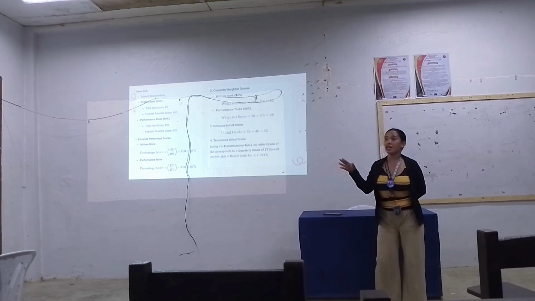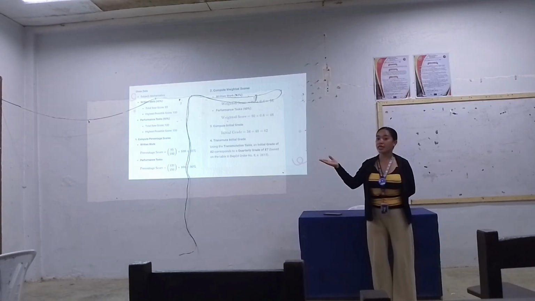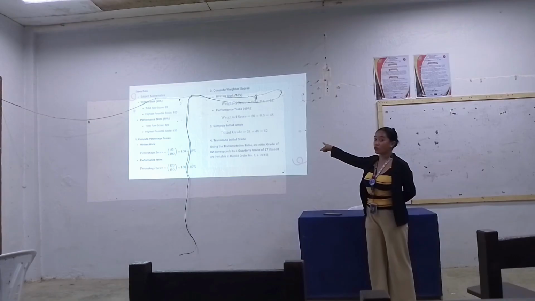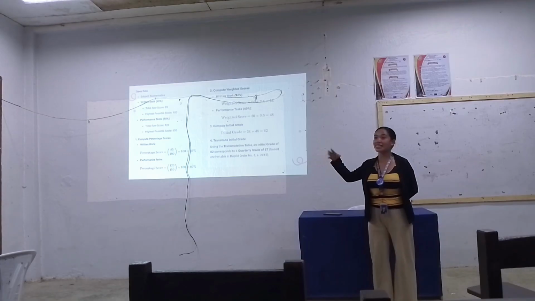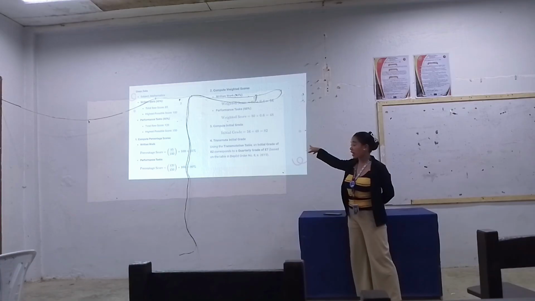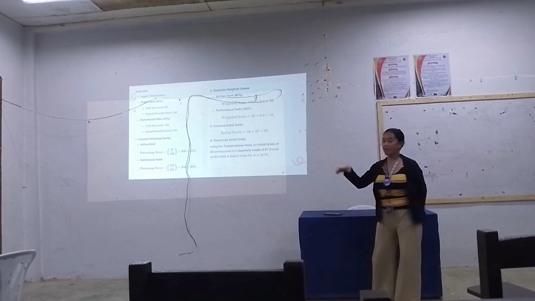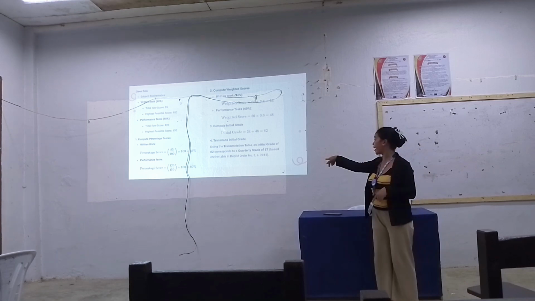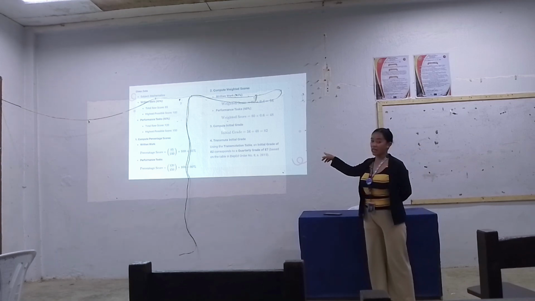So the initial grade of 82 is not the final grade. Following the table, the final grade becomes 87.